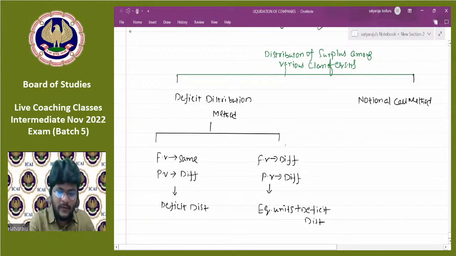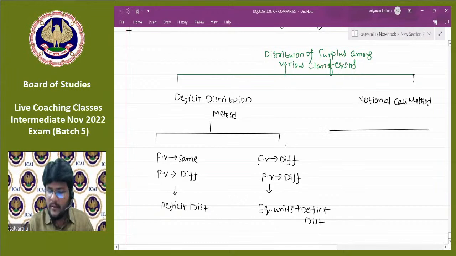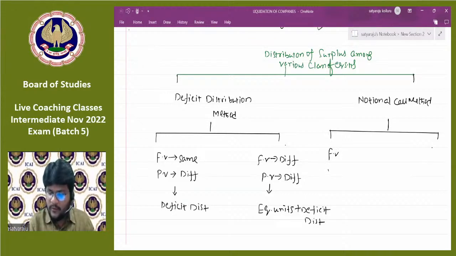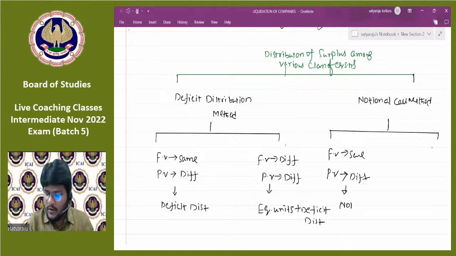Sir, here also, if you want to apply the other method under notional call method, the two choices are there. One is face value and another one is paid up value. If the face value for different classes is the same and paid up value is different, then you can directly go for the notional call, notional call for the entire unpaid value.